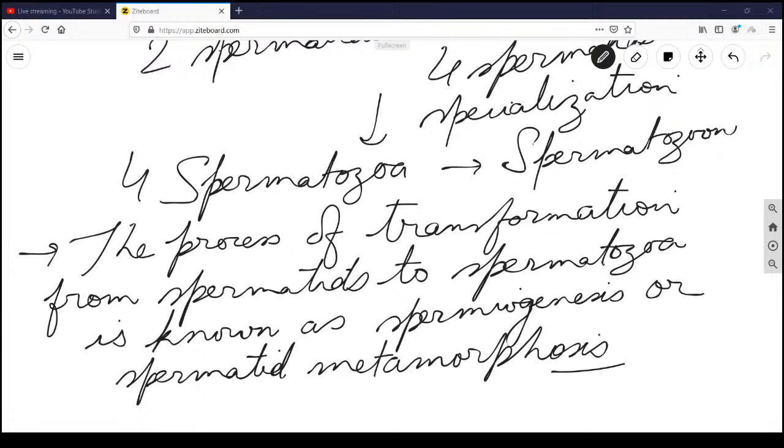But along with the changes in the nucleus, a profound reorganization occurs in the cytoplasm. The cytoplasm streams away from the nucleus, and a condensation of the Golgi apparatus also occurs.